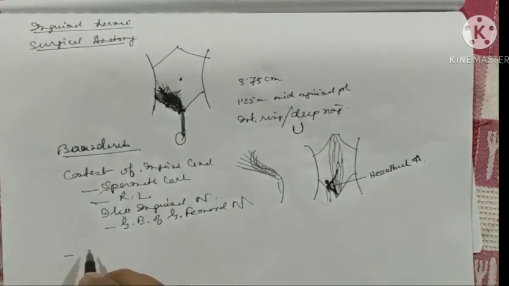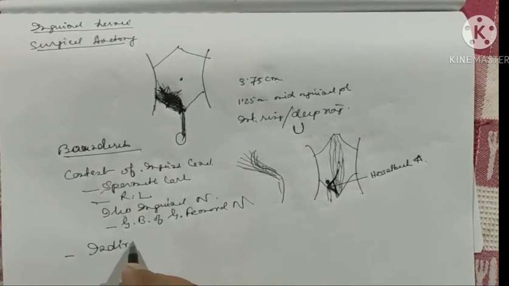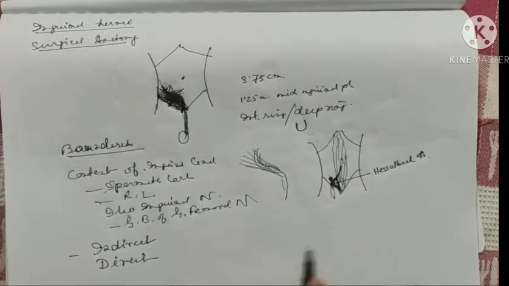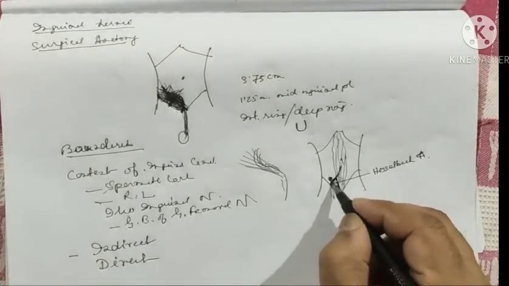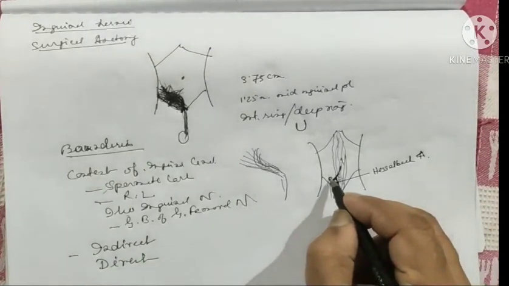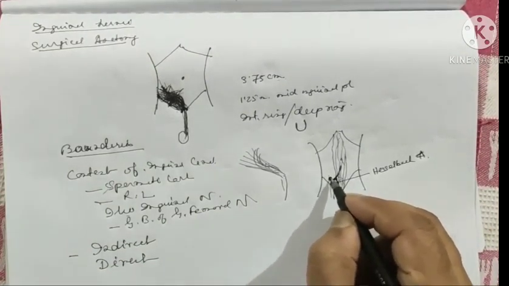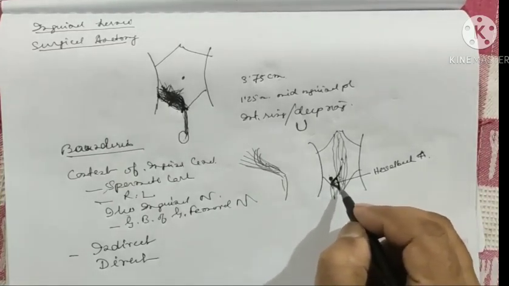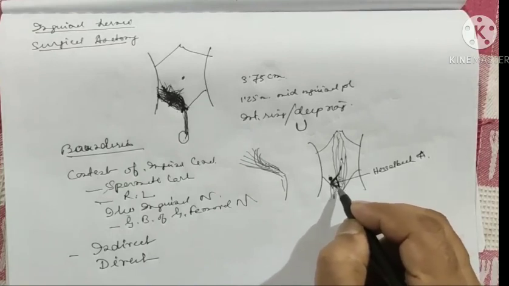That means the inguinal hernia may be indirect or it may be direct. The direct hernia comes out through Hesselbach's triangle, and the indirect hernia comes out through the deep inguinal ring, that is the internal inguinal ring, and becomes superficial when it comes out through the superficial inguinal ring. Both will come out through the superficial inguinal ring.